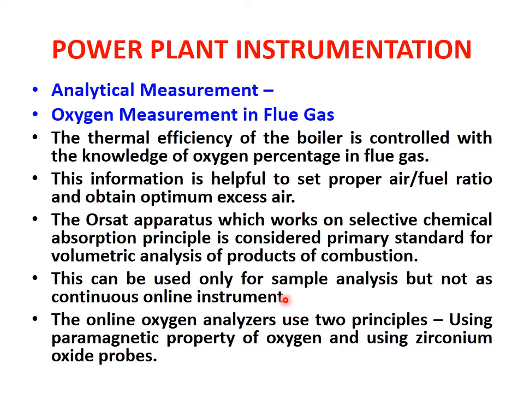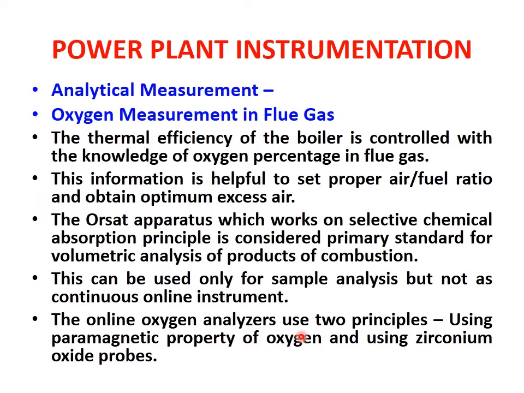This can be used only for sample analysis, but not as a continuous online instrument. While measuring how much oxygen is there in that particular exhaust gas, this type of arrangement can only be used for a particular sample. It is not used in the continuous online process.